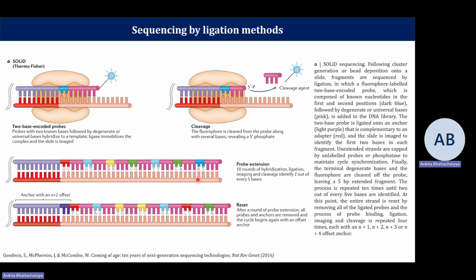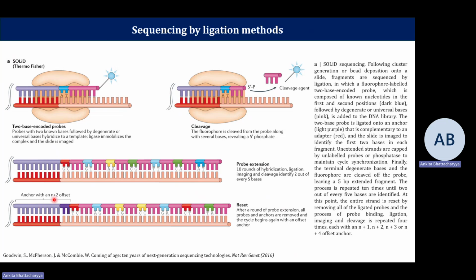To compensate for that, in the next round of iterative sequencing, you change the anchor and provide the N+2 offset. As a result, you'll see a shift of two bases, which will compensate for whichever nucleotides were already present there. For example, if you see here, GC was present here, that we already know.